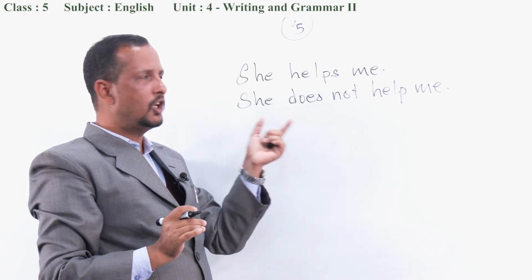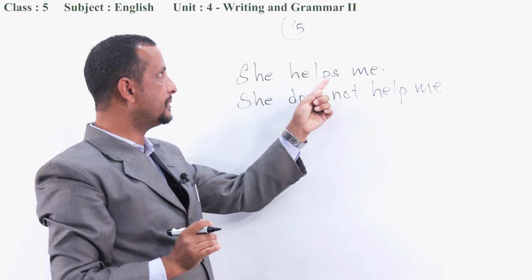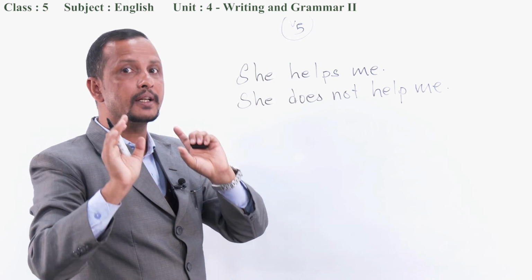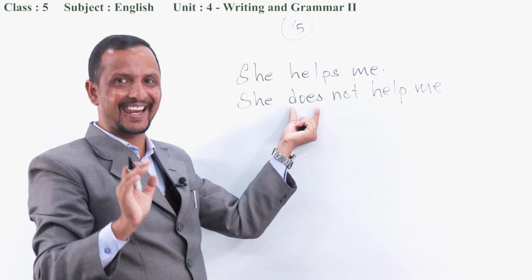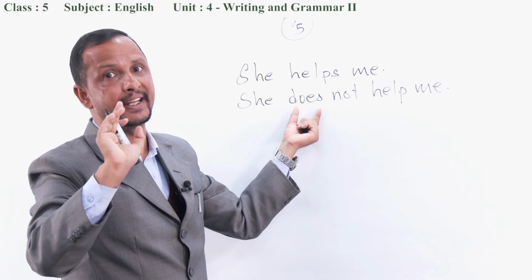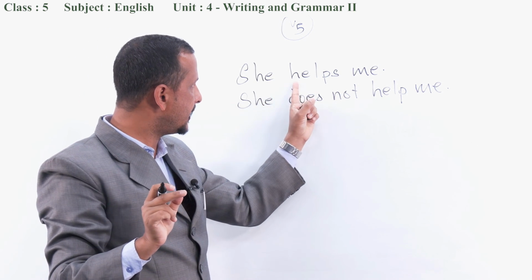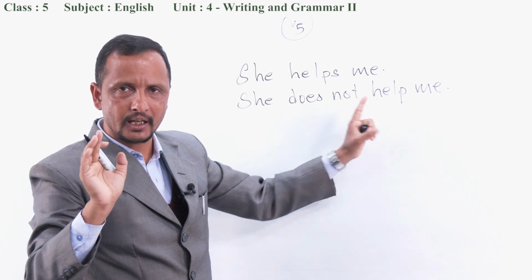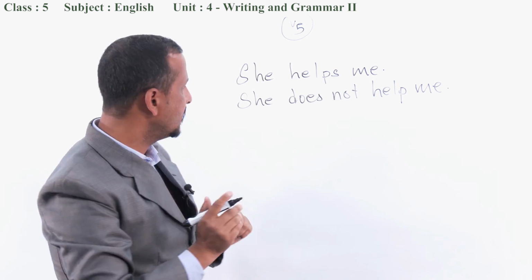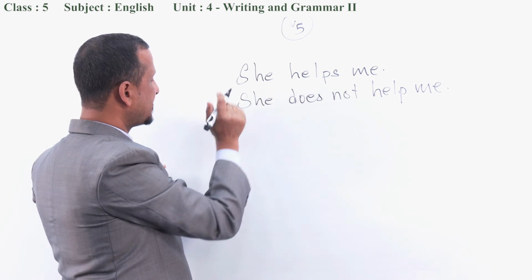Look over here. "Helps", that we discussed, is the present form, verb 5. Then we use "does" as an auxiliary verb to make negation, and "helps" changes into only "help". Okay, are you clear? Yes. Now another sentence, same sentence. Let's see here.